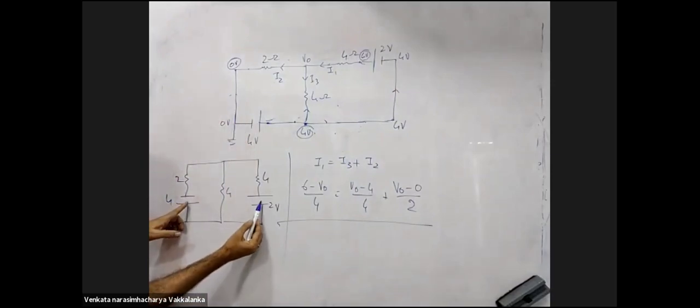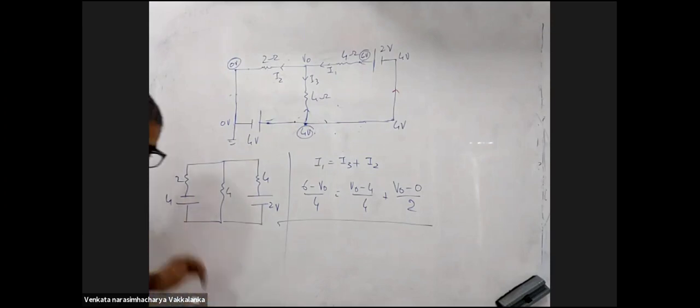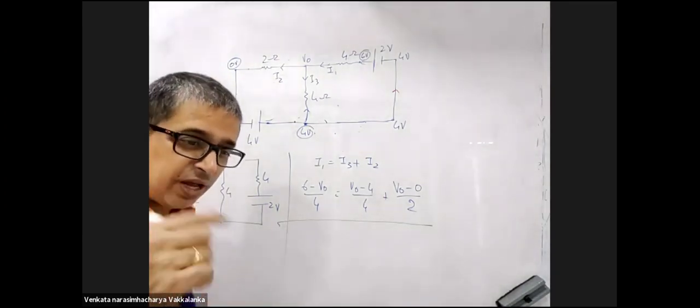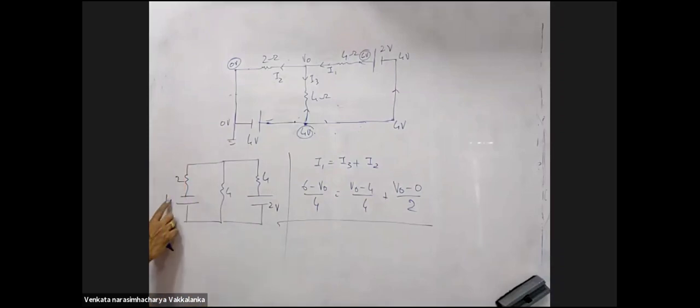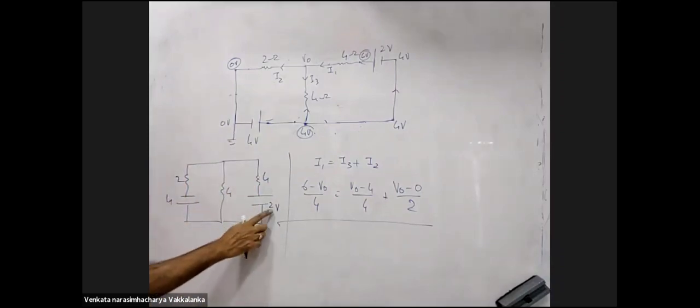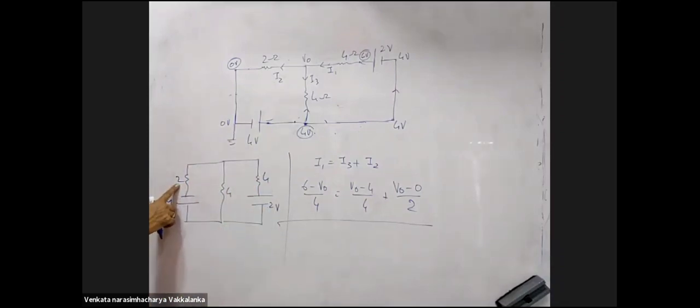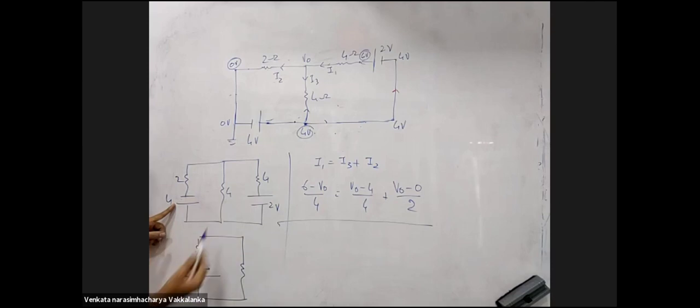Now here, it will not be E1 R2 plus E2 R1. It will be E1 R2 minus E2 R1. By the way, which is greater? 4 into 4 is 16. 2 into 2 is 4. So this is dominating, so I'll have this battery this way. 4 into 4 is 16 minus 4, divided by 4 plus 2.